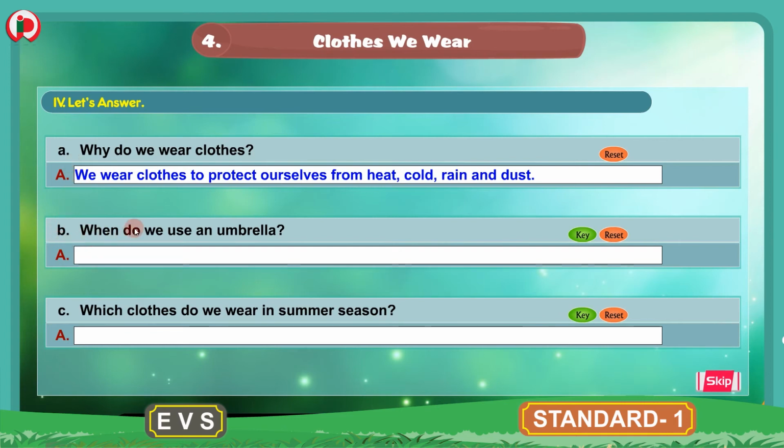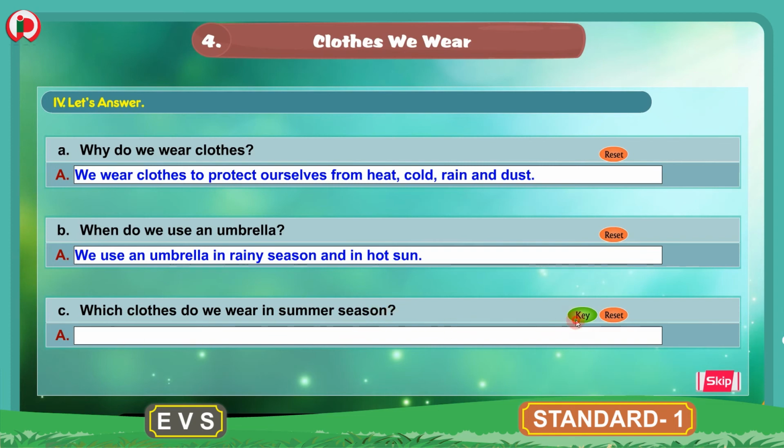B. When do we use an umbrella? The answer for this question is, we use an umbrella in rainy season and in hot sun. C. Which clothes do we wear in summer season?